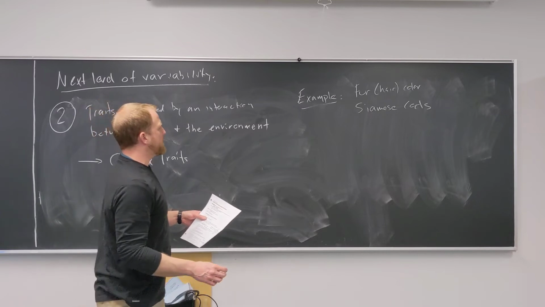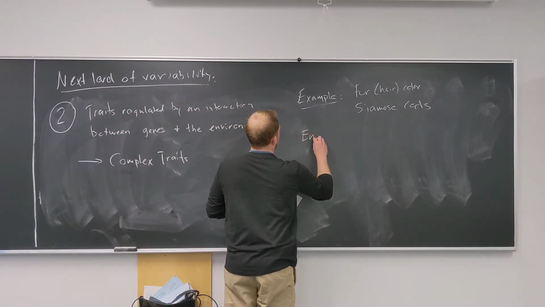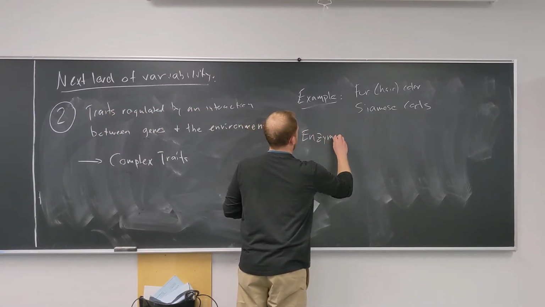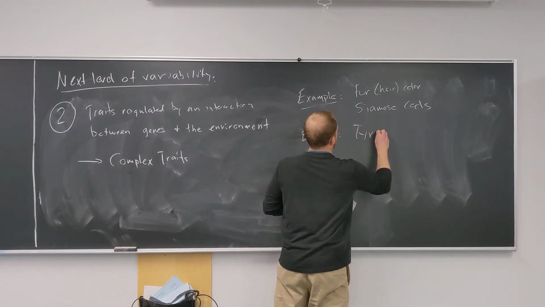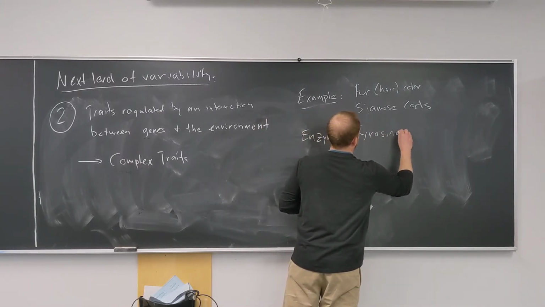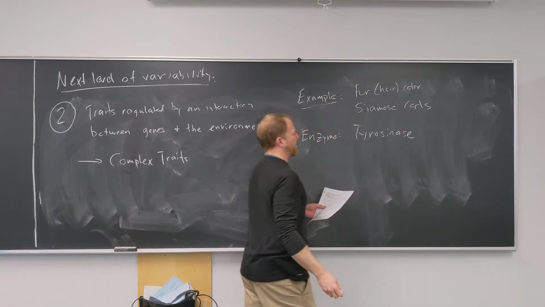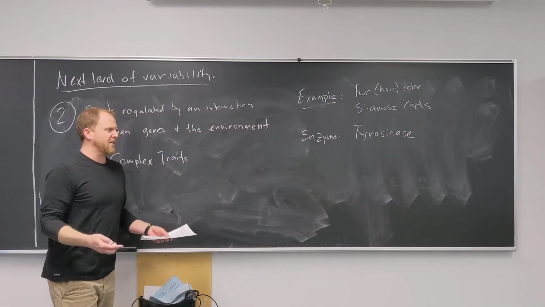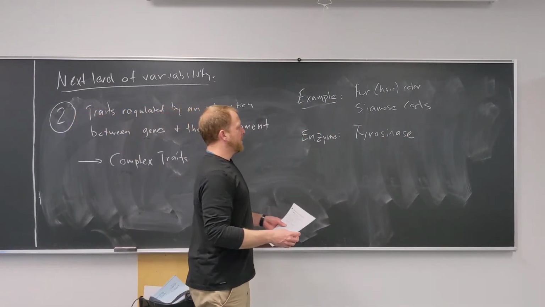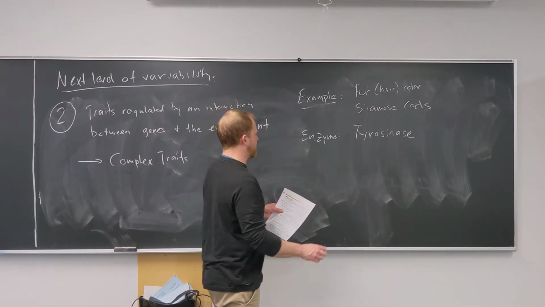And so we're going to focus in on an enzyme called tyrosinase. I don't know if there's a right way to pronounce this enzyme, but this is an enzyme, tyrosinase. This actually catalyzes the conversion.